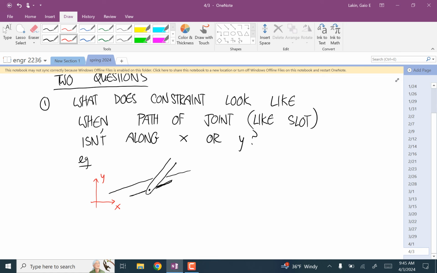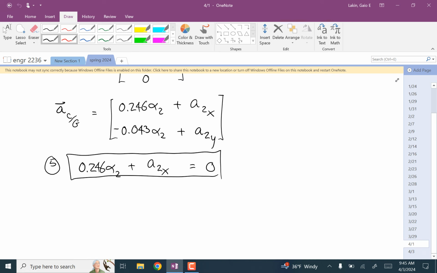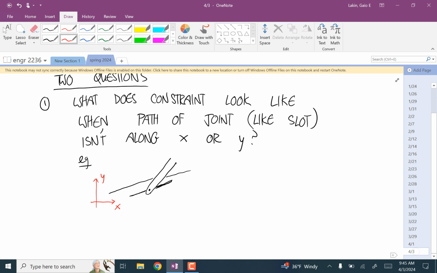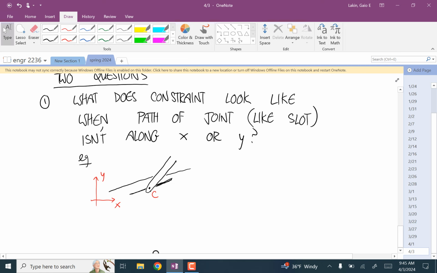Well, if it's, say, horizontal, you calculate the acceleration. If I call this C, you calculate the acceleration of that point C, and then you say, okay, it can move horizontally, but the vertical acceleration is 0.